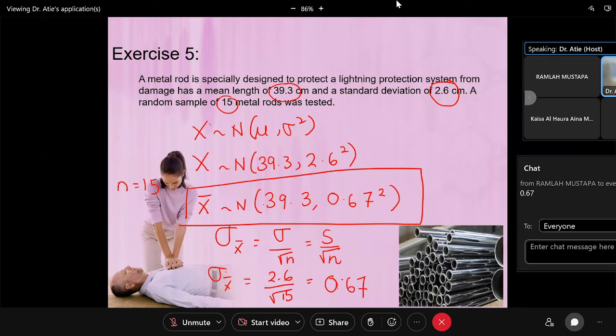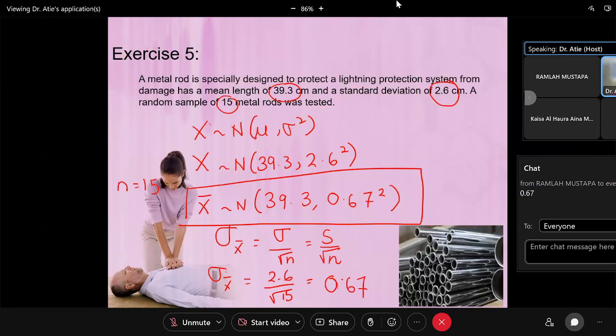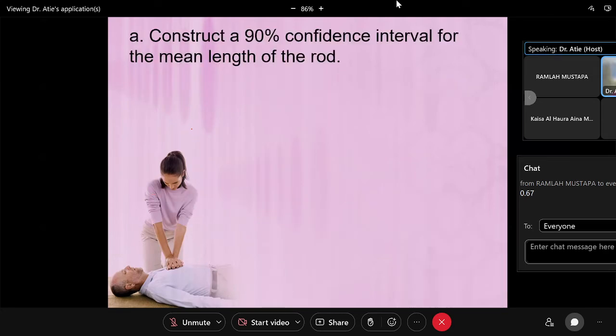Once you finish this one, we need to answer part A only after you find the distribution, all right? So we need to construct the 90% CI. Remember before this, we have the formula for the CI: X bar plus minus Z alpha divided by 2 times sigma X bar, right? This is from when we studied the normal distribution.